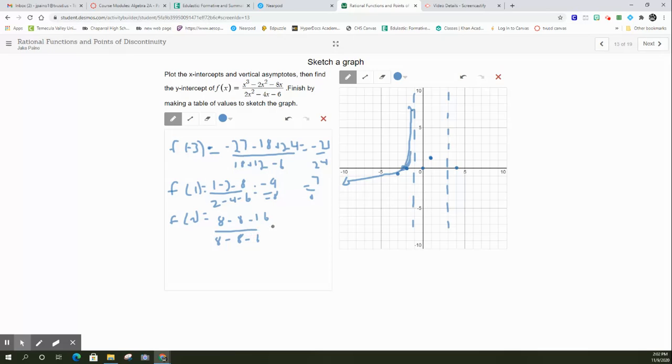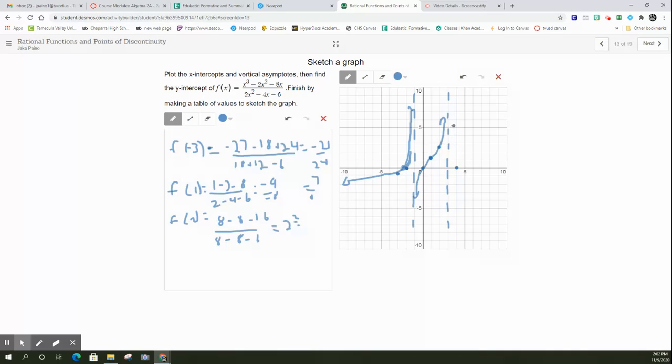So I'm going to get negative 16 over negative 6, which is positive 2 and 2/3. So that's up here. And that tells me this graph is going to look something like that in between.